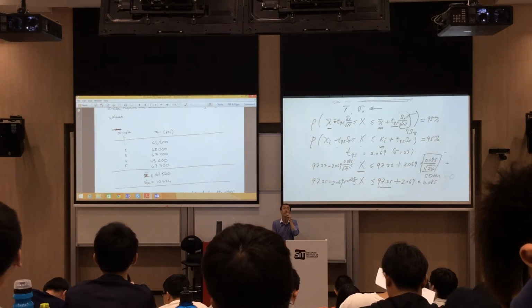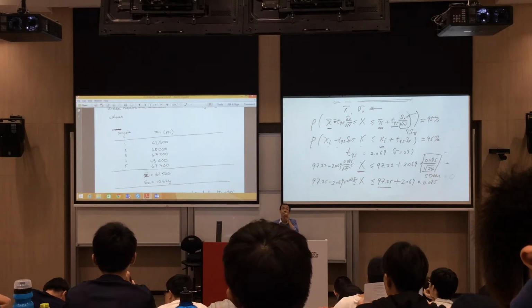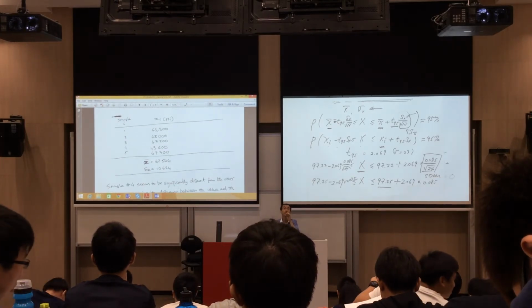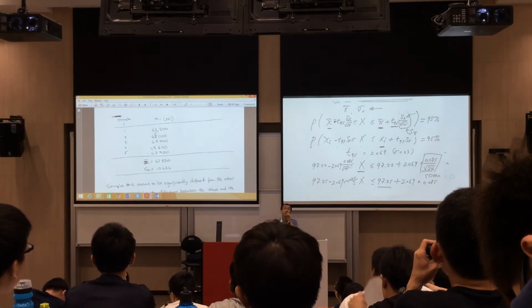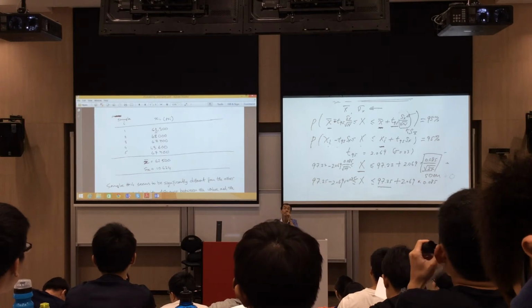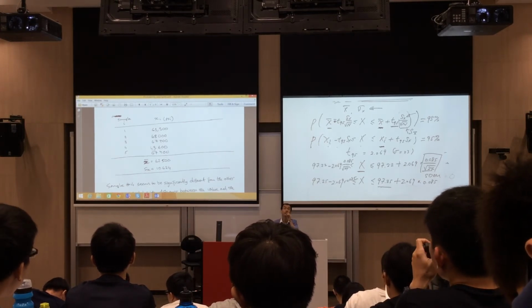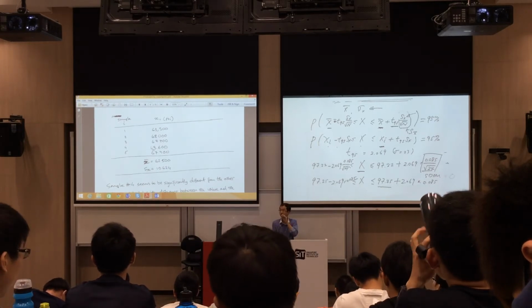Then we can always find the average value and the standard deviation, which is straightforward. If you simply look at the data, you will see all these are 60 something. This one is 40 something. So you can see this data point has some issue.